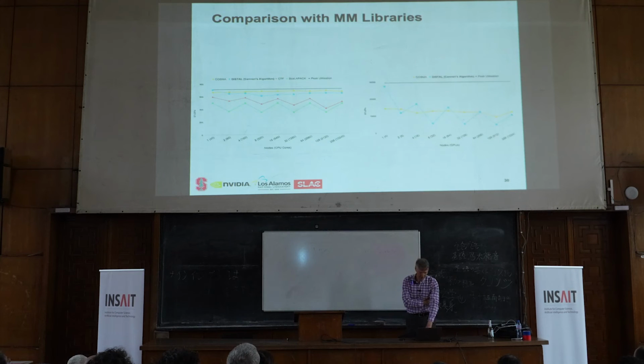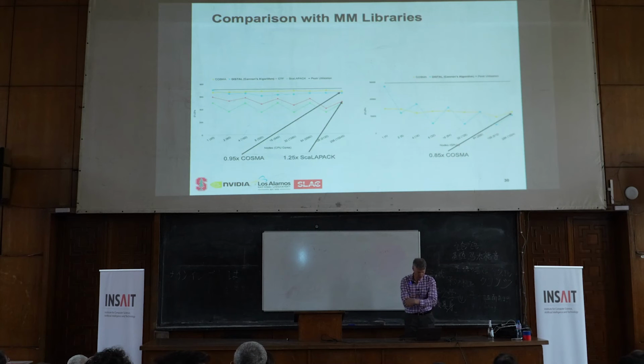And so here are some performance numbers. COSMA is the latest and greatest distributed matrix multiply algorithm from a group at ETH, and our implementation gets to 95% of that.